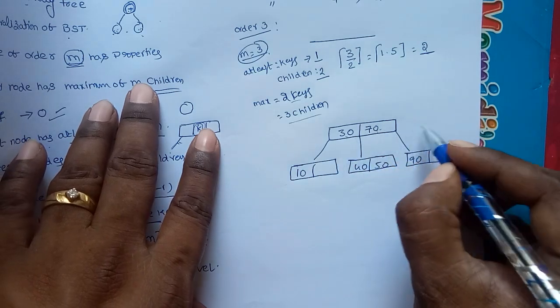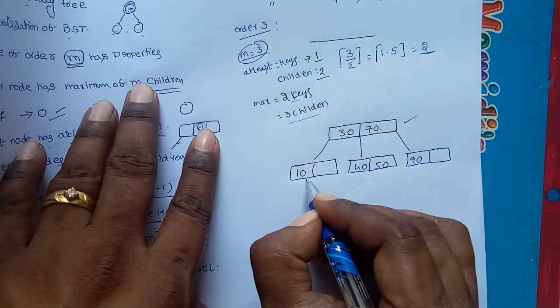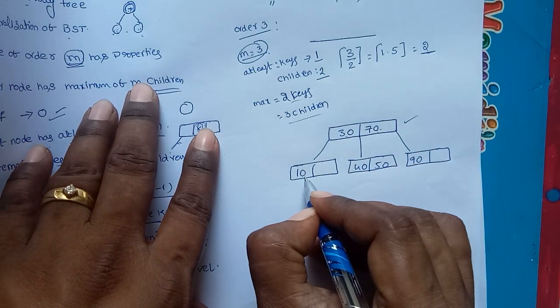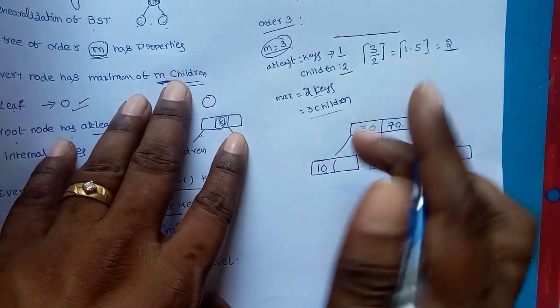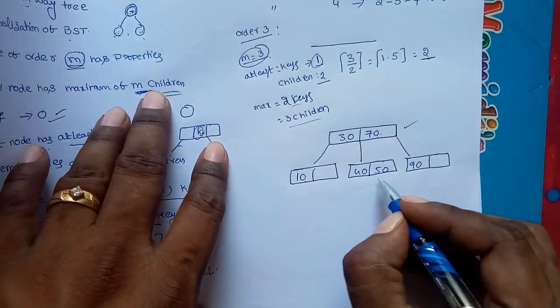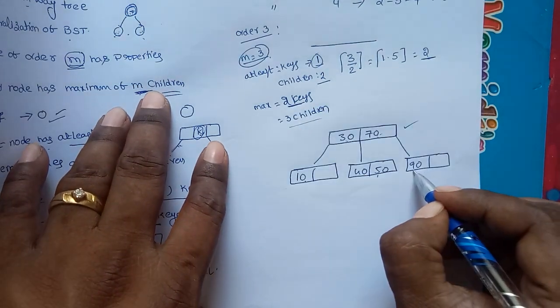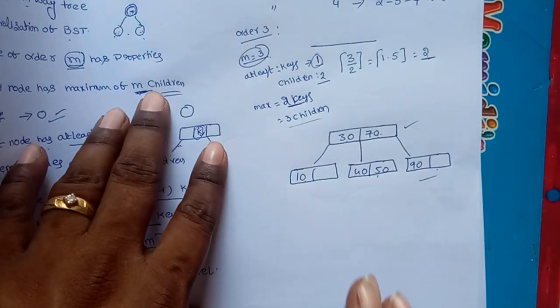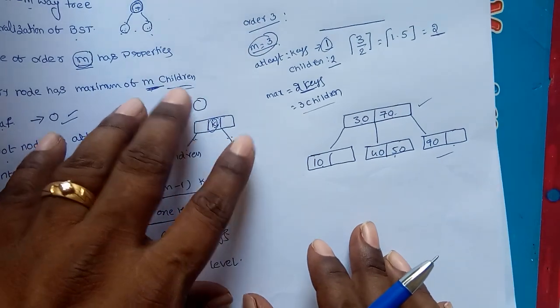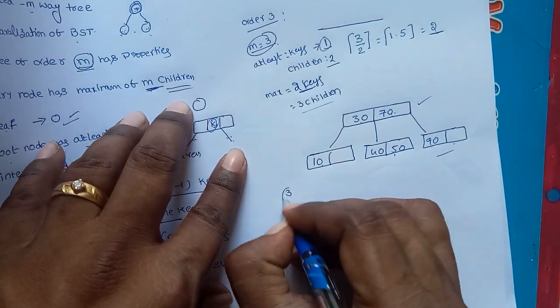It contains two children. This node satisfies the property. It contains only one key, because a minimum of one key is allowed. It contains two keys, so a maximum of two keys is allowed. It contains one key, that is also allowed.